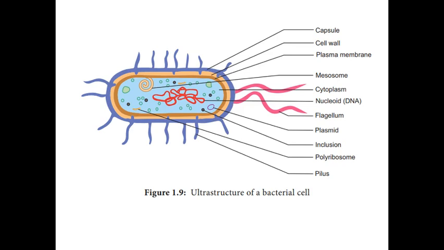Apart from this plasmid DNA, there are inclusions and some gas vacuoles also present in the bacterial cell. Then in the cytoplasm there are ribosomes, which act as the site for protein synthesis.